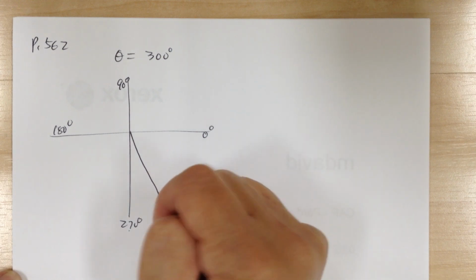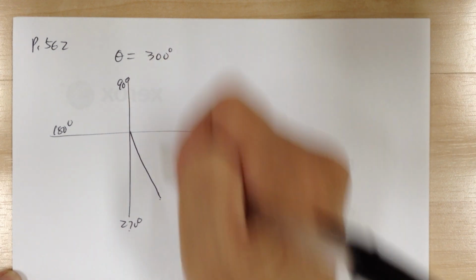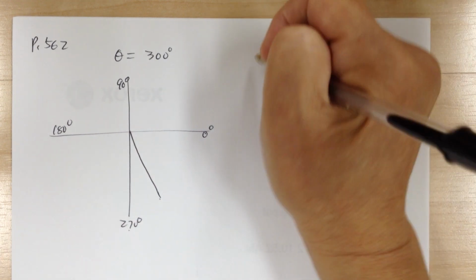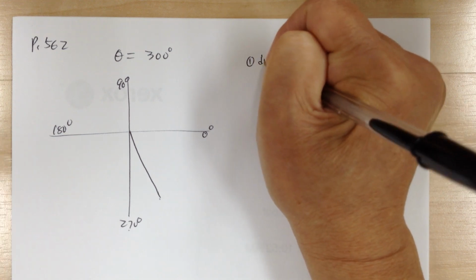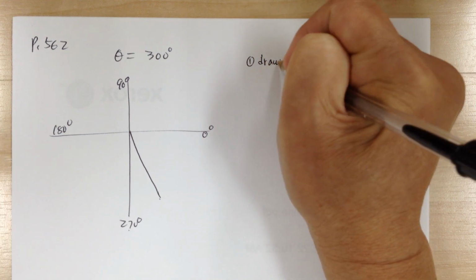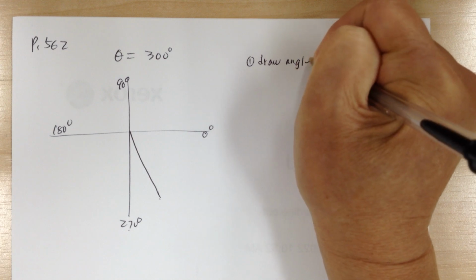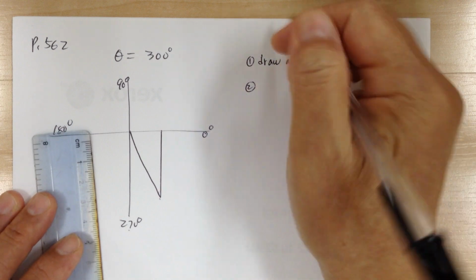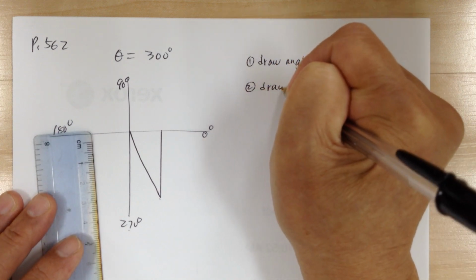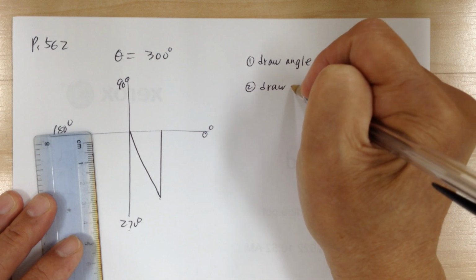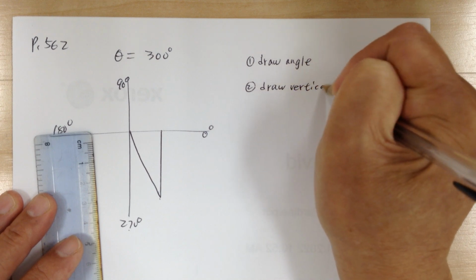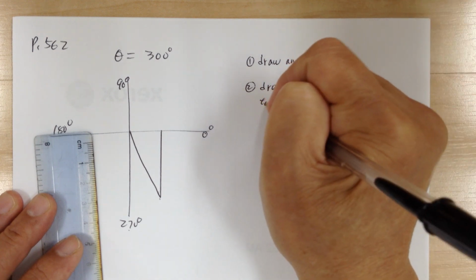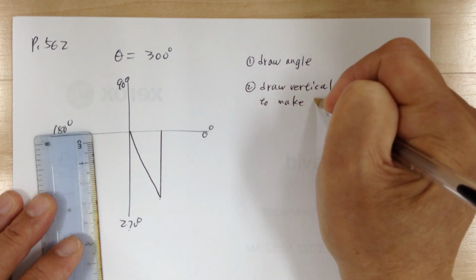So step 1, draw the angle. Then you go up and down, vertical.